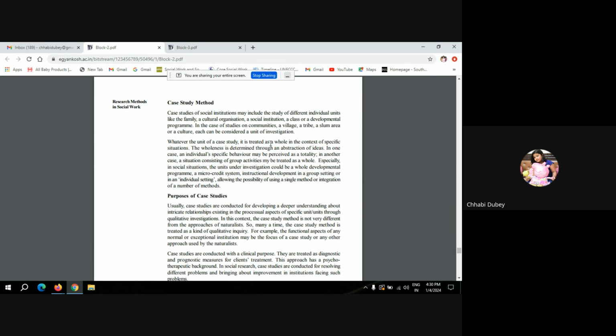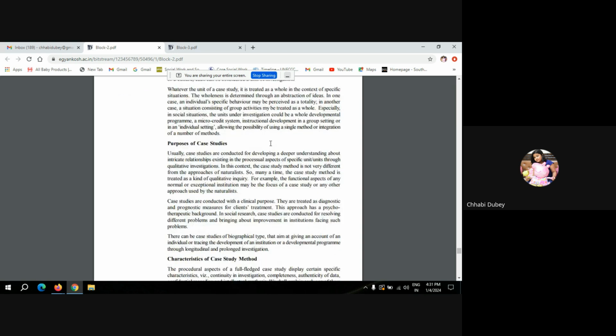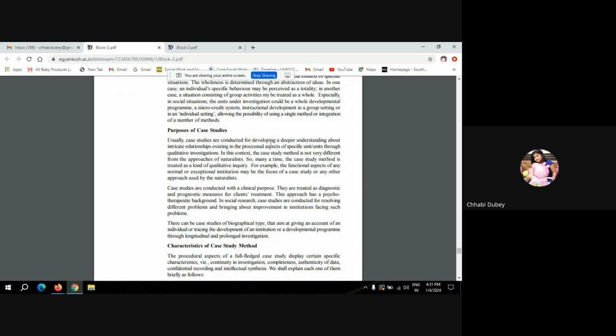So it is not very different from the approaches of a naturalist. Many times the case study method is treated as a kind of qualitative inquiry, and it may be the focus of a study, or other approaches may be used by the researchers. Case studies are generally conducted with a clinical purpose. They are treated as a diagnostic and prognostic measure for clients' treatment. This approach has a psychotherapeutic background.